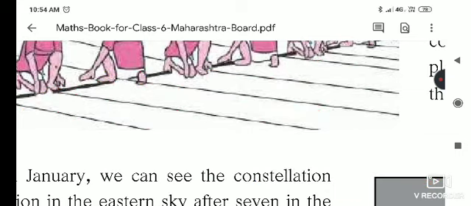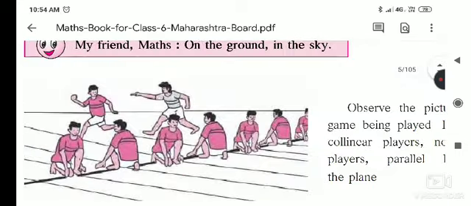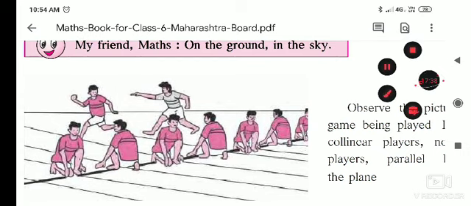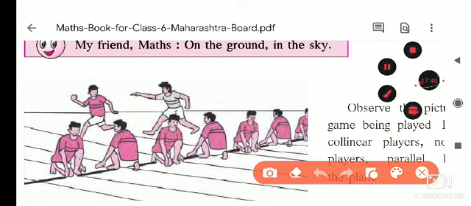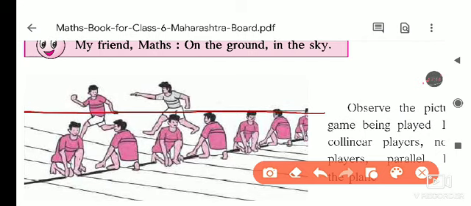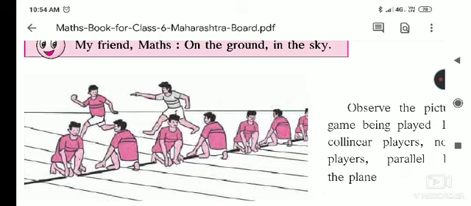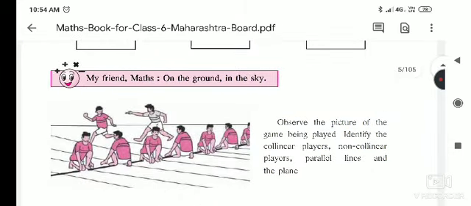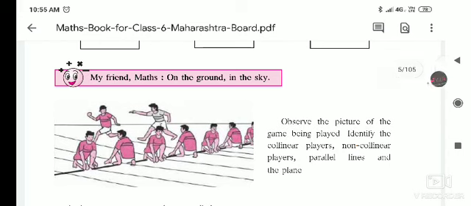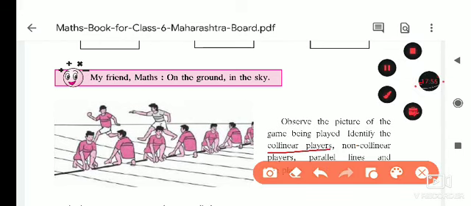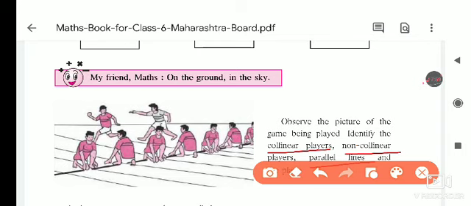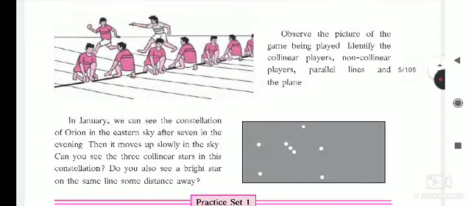After that, the plane. You just see here, the border or boundary of the playground is the plane for this picture. All of you understand the collinear points, non-collinear points, parallel lines and the plane. So from this we understand the arrangement of all these.